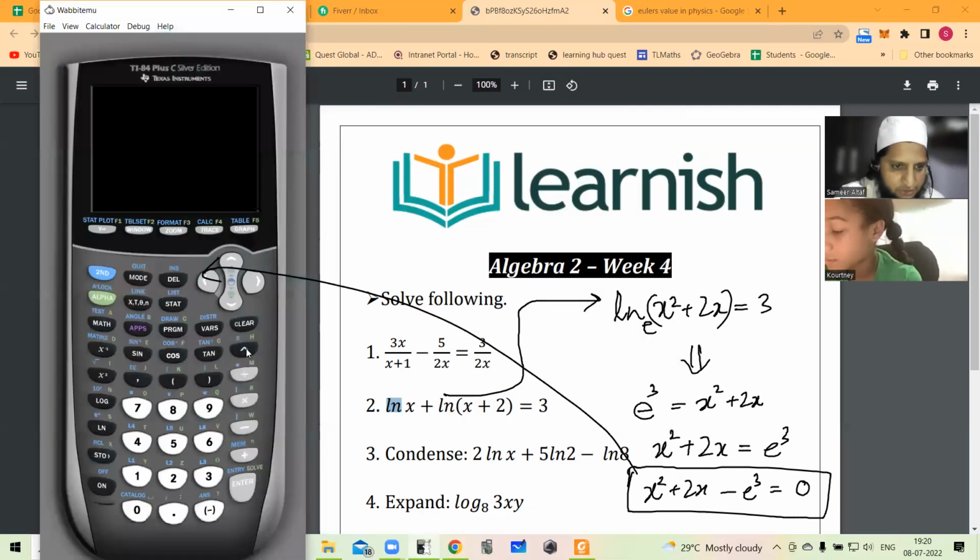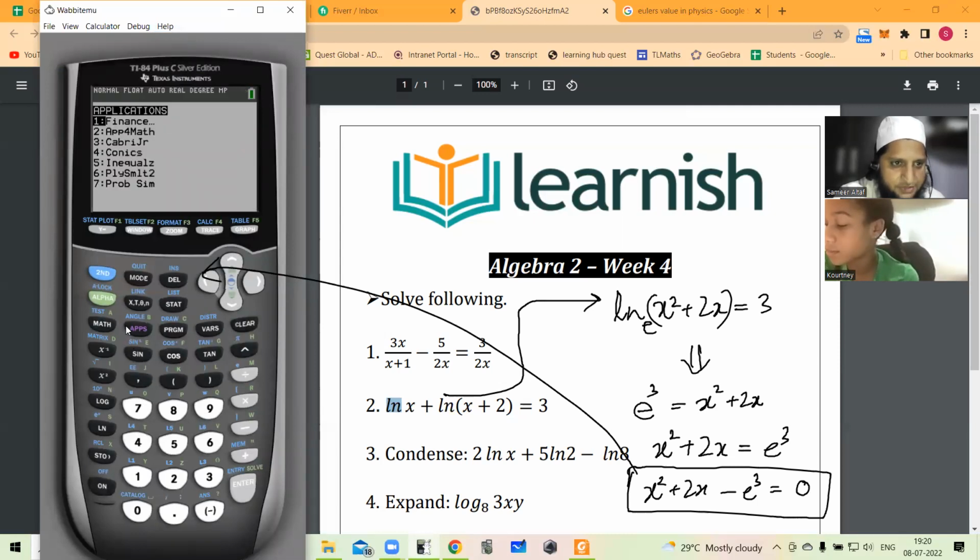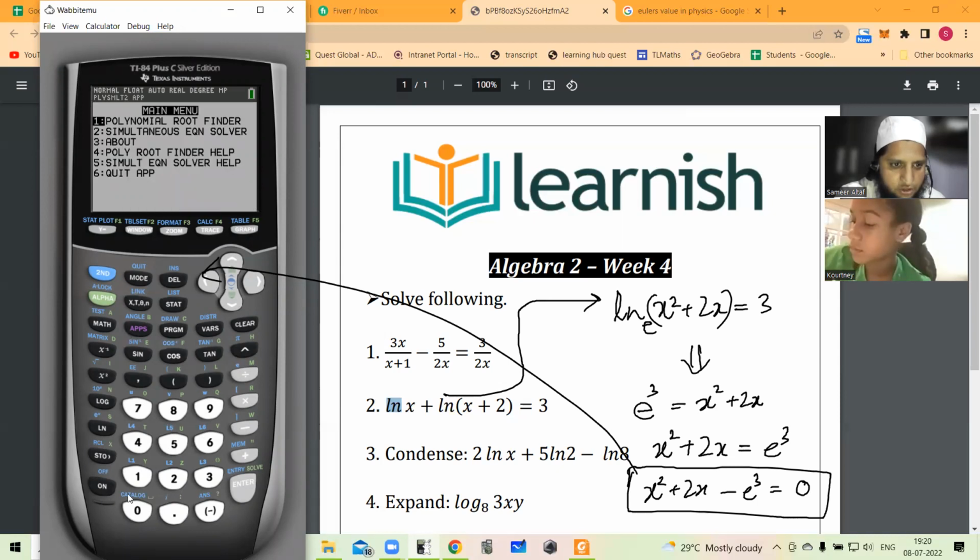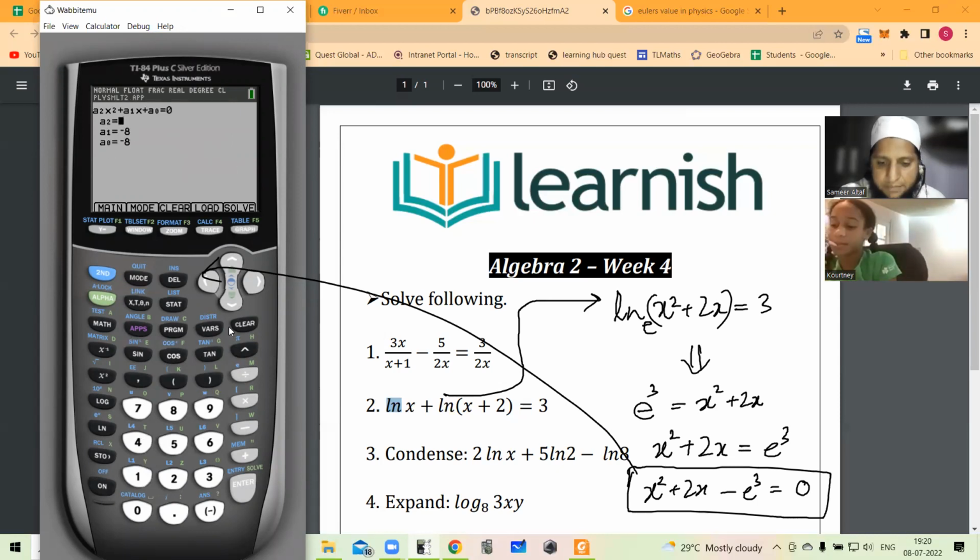And then we'll be using the quadratic formula. So going to the apps, and then PlySmlt2, and then polynomial root finder. Next. A, B, and C. How much is A? A is 1, and B is 2, and C is negative e to the power 3, whatever that is. Yes, because that's a constant.